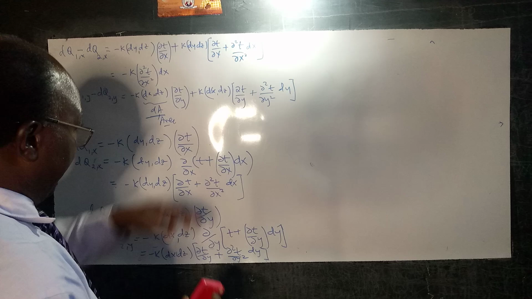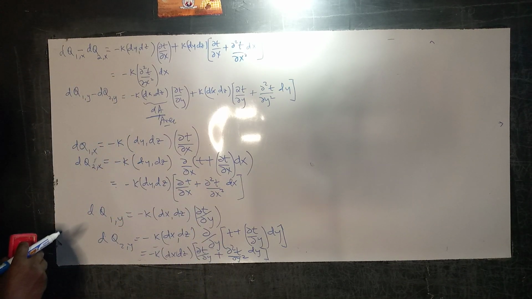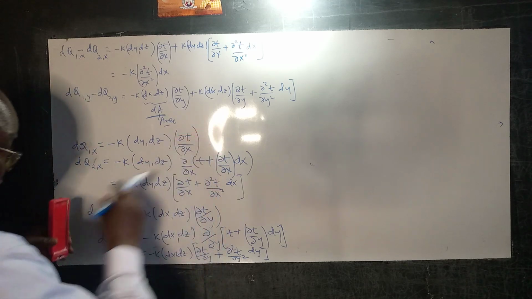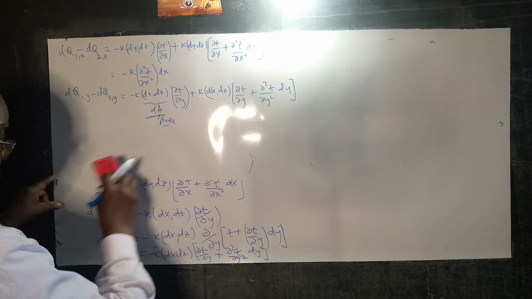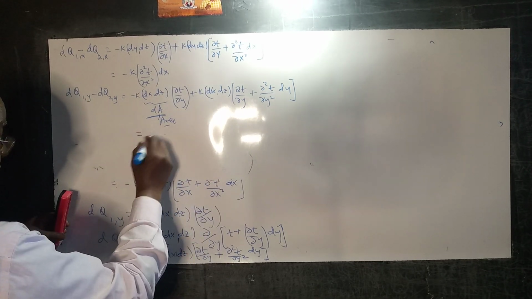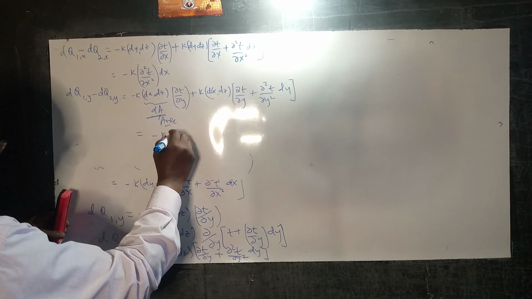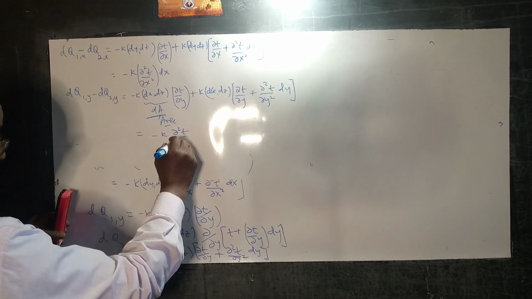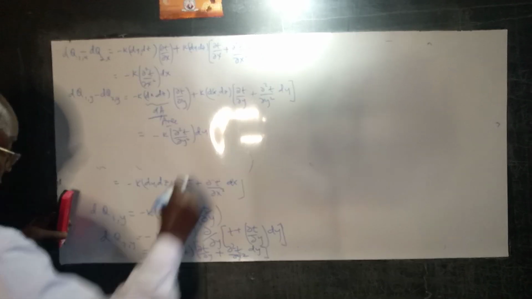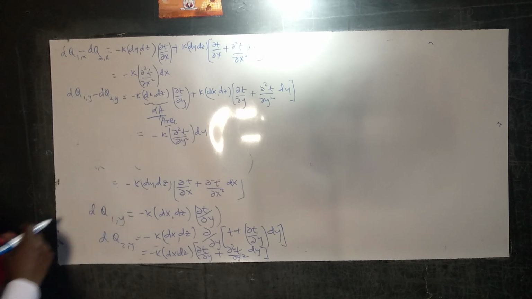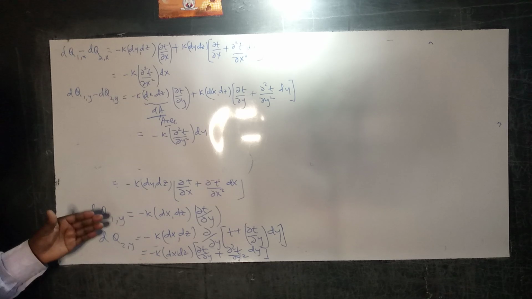The t will cancel with that, so we'll be left with minus k del squared t del y squared dy.